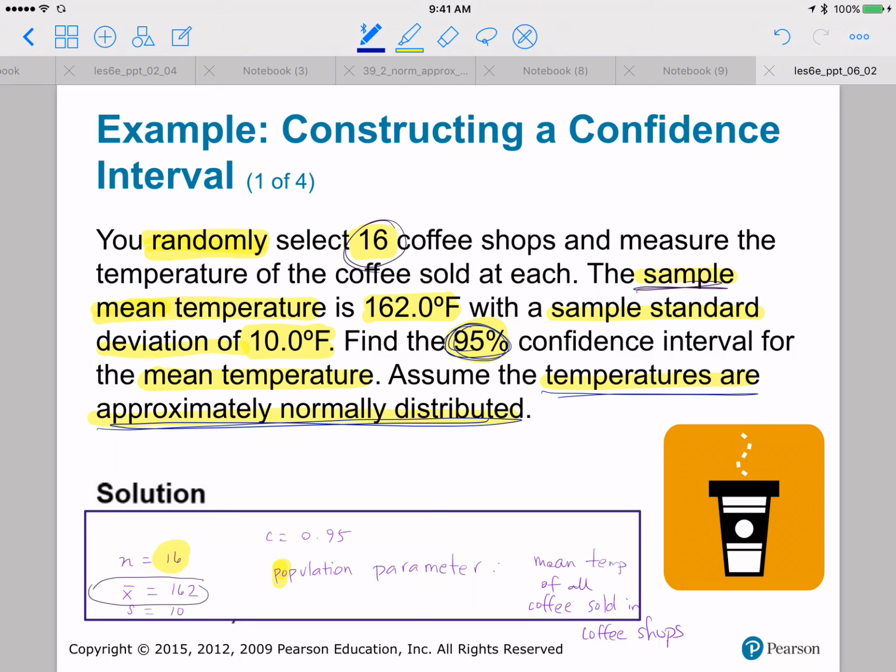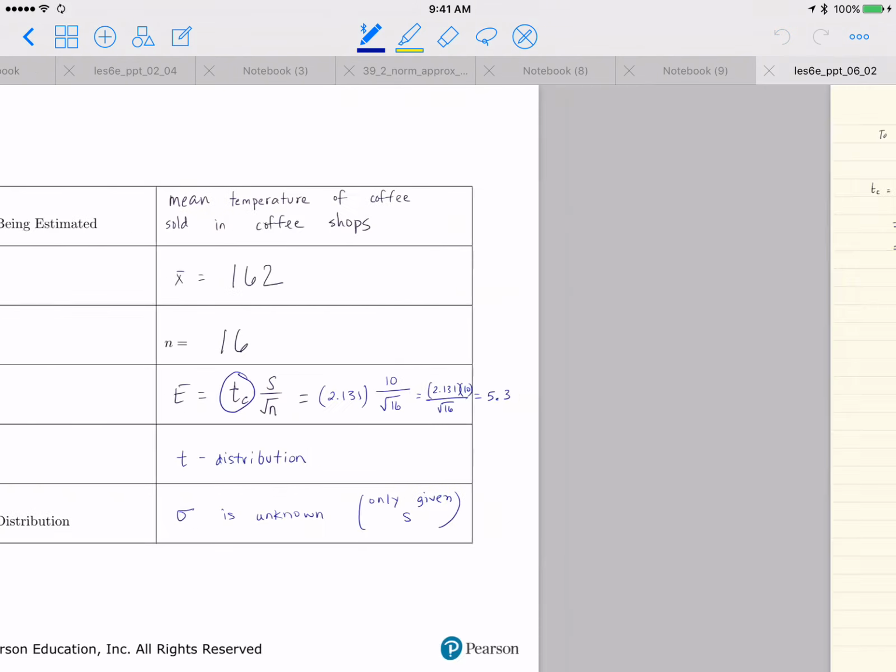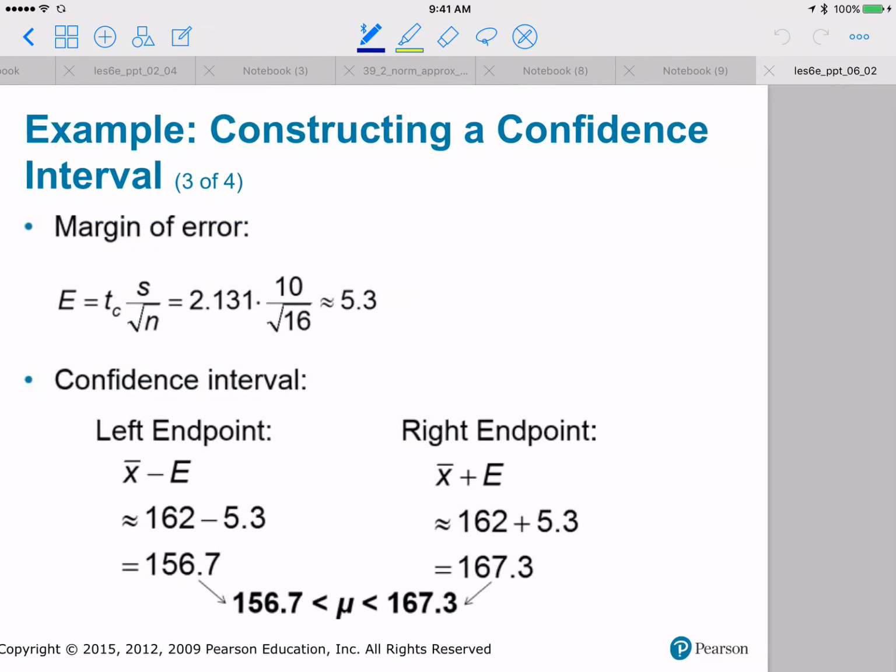Because in order to form a confidence interval, we are relying on the central limit theorem, which requires our temperatures to be normally distributed or our sample size to be greater than or equal to 30. Okay, so we're done with that problem.